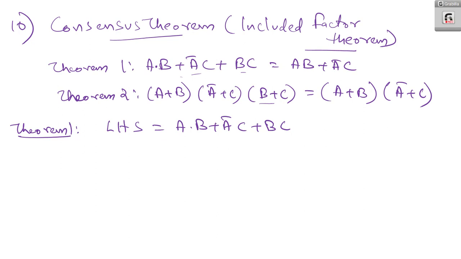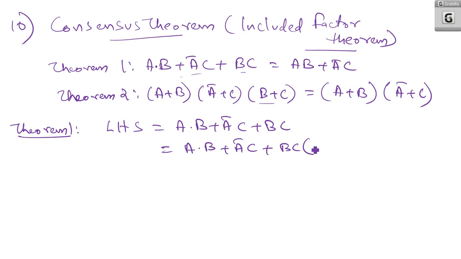I can write it as AB or A bar C or BC. Now in BC, which factor is not there? A is not there.